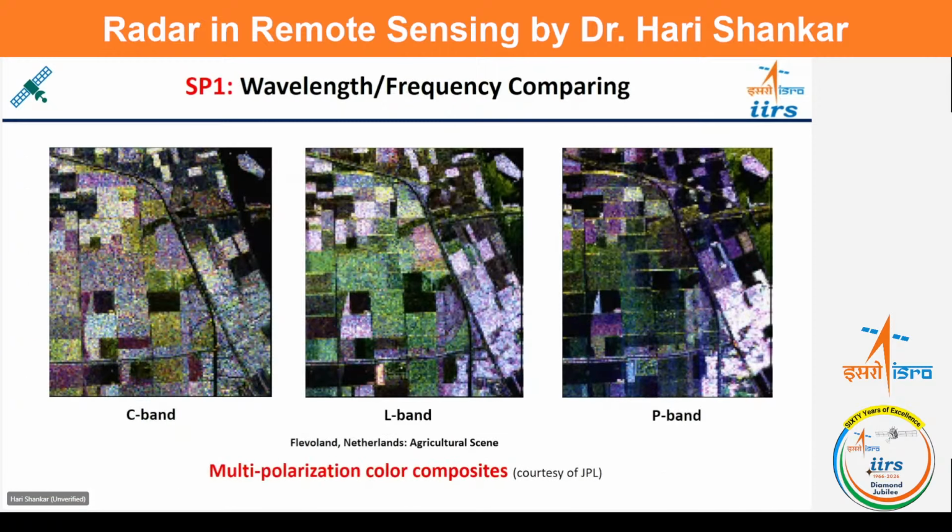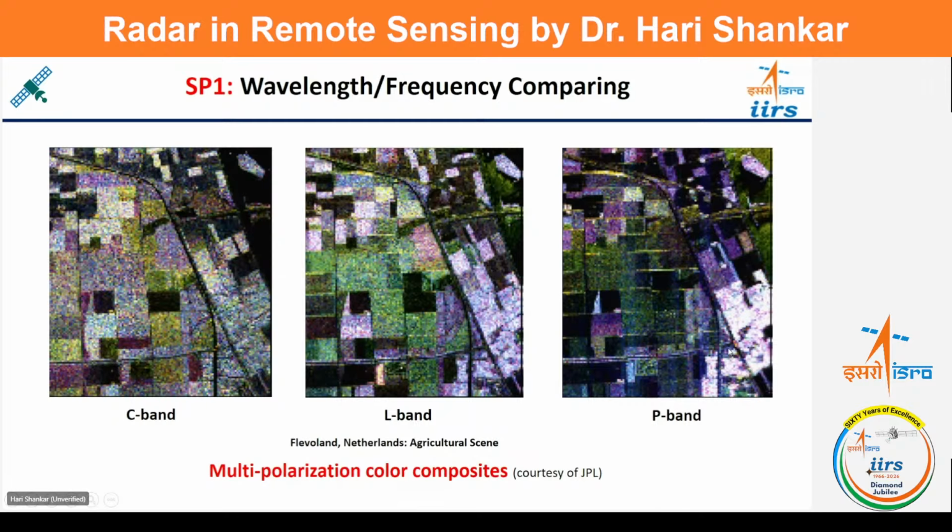This is again the same scenario. Here you can see three bands are shown: C band, L band, and the P band image. You can also observe the quality if you are able to see some features, like this linear feature, and this linear feature here also, and here it is not clear. So in longer and longer wavelengths, it is not very clear.